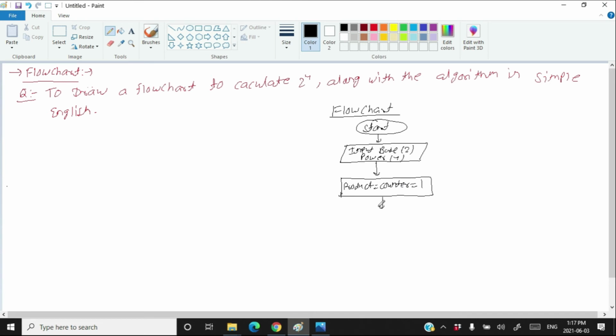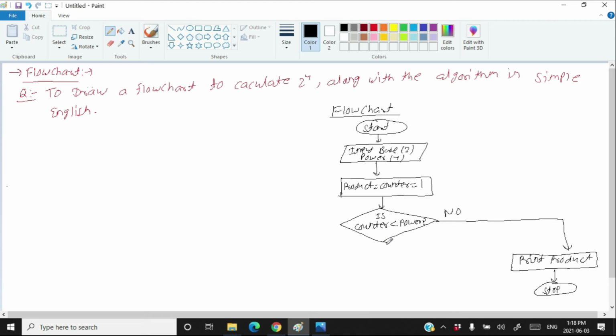Then check: is counter less than power? Is 1 less than 4? No. If this condition doesn't hold, then you should print product.